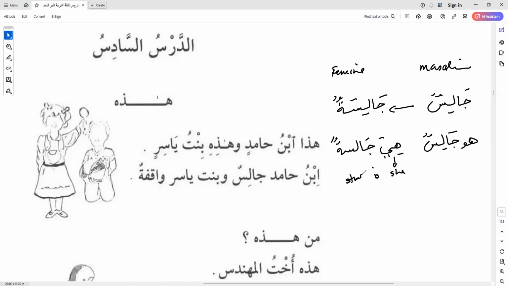Since it's she sitting, I have to add the taw marbuta, jalisatun, to the jalisun, to indicate that I'm talking about a she. But if I'm talking about huwa, he, I don't have to use the taw marbuta. So one of the significations of a feminine noun in Arabic is the taw marbuta at the end. If you see taw marbuta at the end of something, then you know it's a female thing or a feminine object. Does it make sense? And you always have to do that.